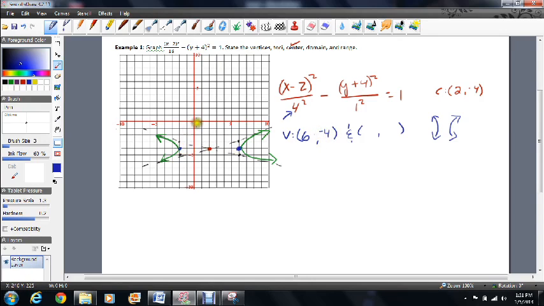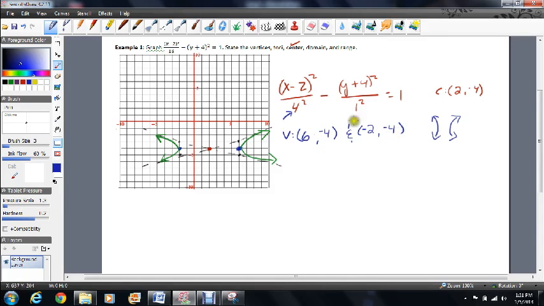The other point over here is negative 2 and negative 4. You'll notice that the y values here are exactly the same. So last week, or before when we did these hyperbolas, these were both 0 and 0, but since we've shifted it a little bit, these are still going to be the same, but instead of 0, 0, they're going to be negative 4 and negative 4.